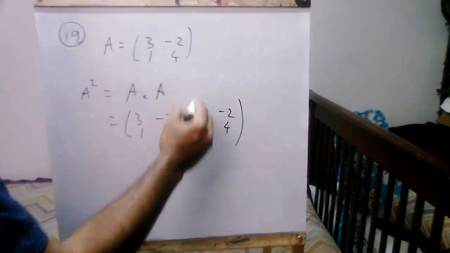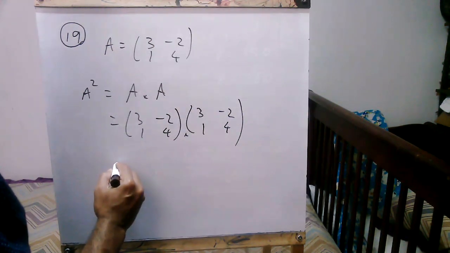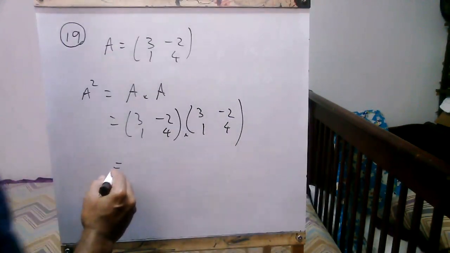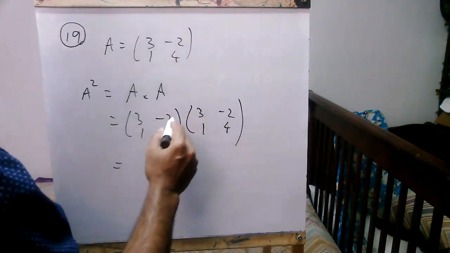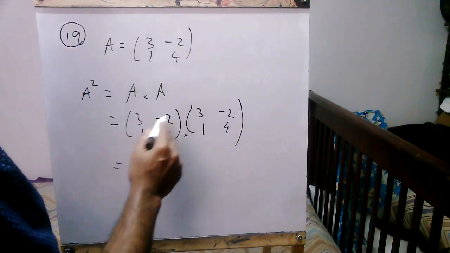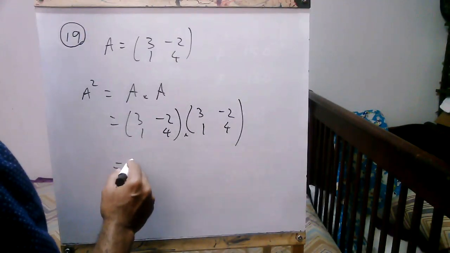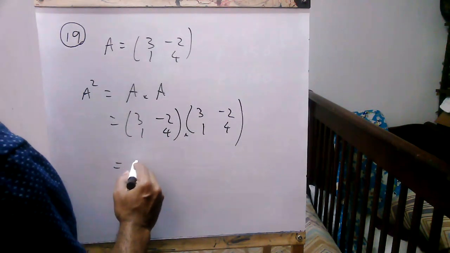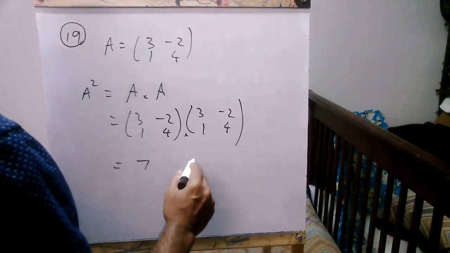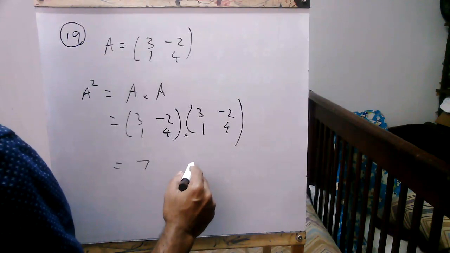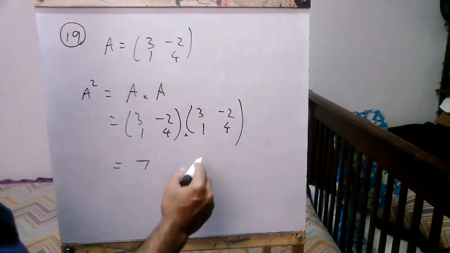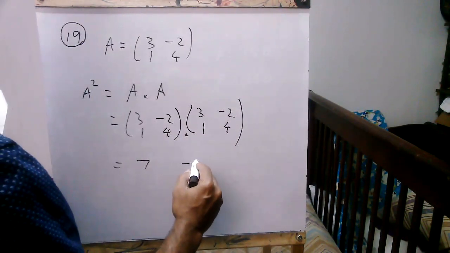Taking this row and this column, we get 3 times 3 is 9, 9 minus 2 is 7. With this column, we get negative 14.